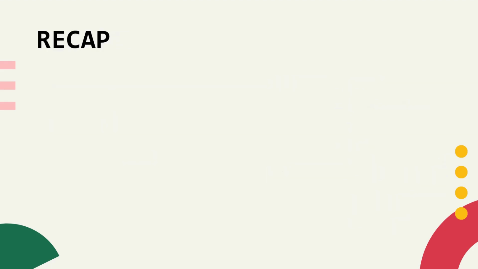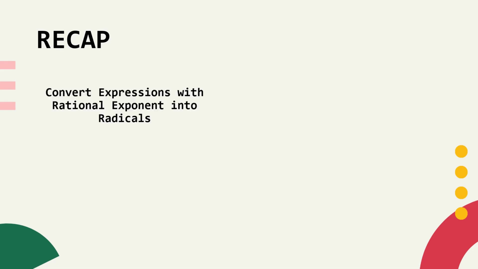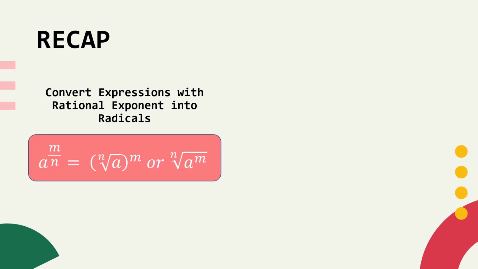Now that we are done converting, let's wrap up this session through a quick recap. In converting expressions with rational exponent into radicals, we have this rule. A raised to m over n is equal to the quantity nth root of a raised to m, or nth root of quantity a raised to m.